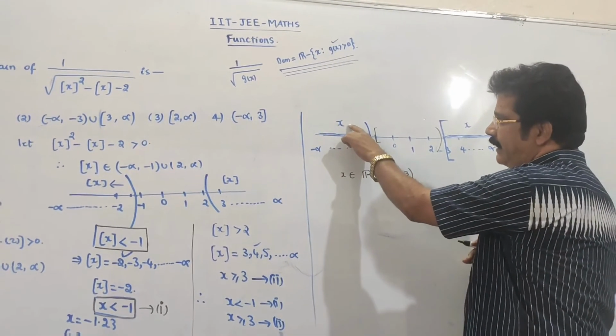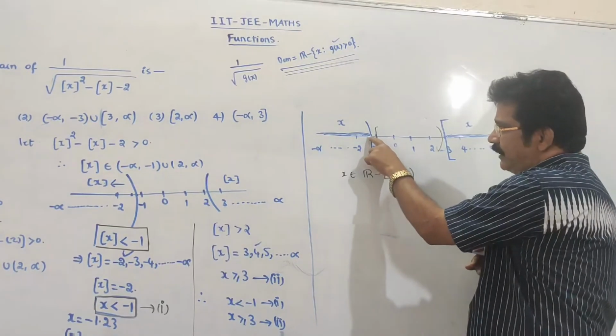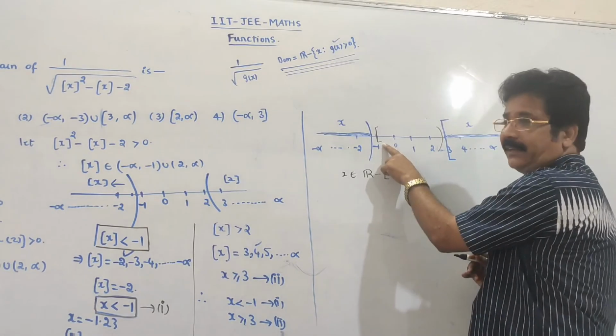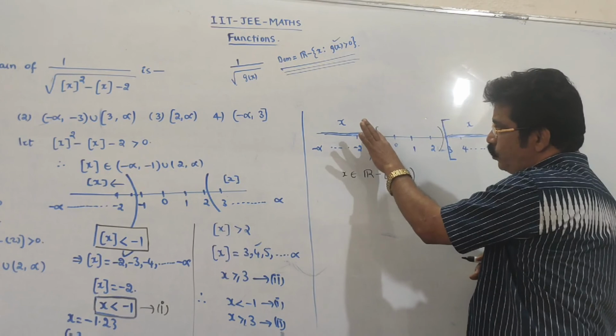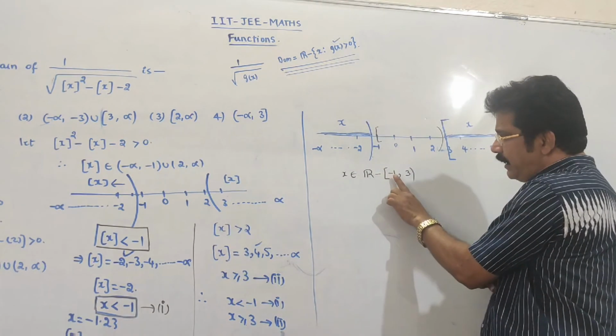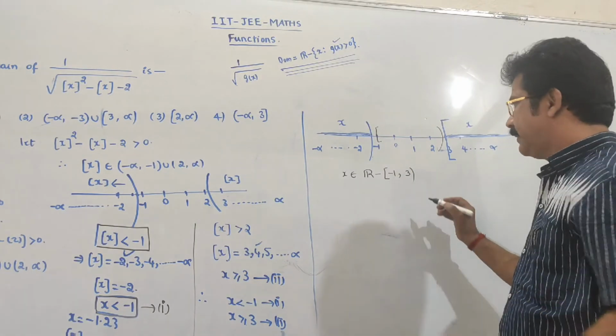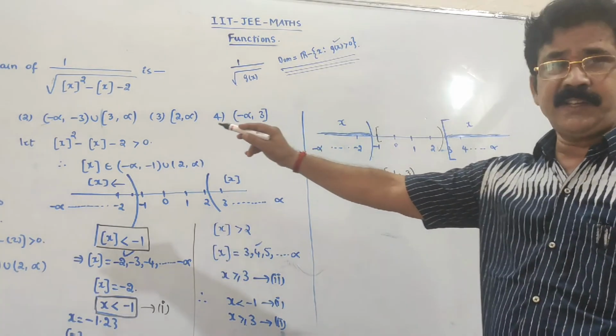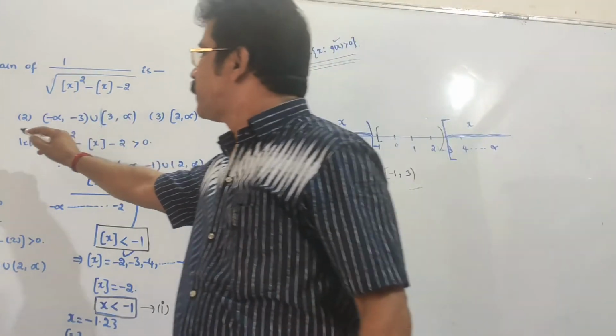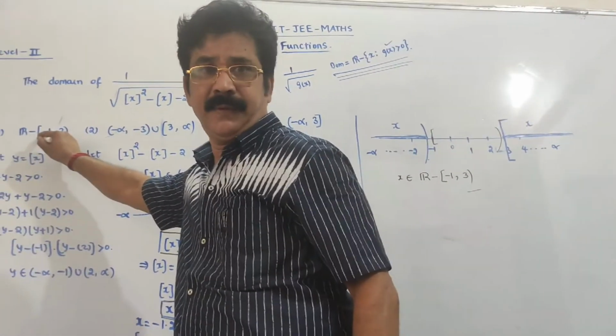In our required solution minus 1 is not there, it is excluded. That's why in the excluded interval we wrote a closed bracket at minus 1. This is the right answer. So which option is right? First option is right.